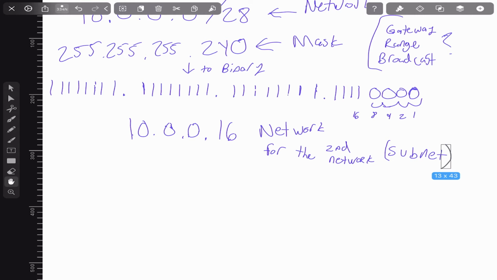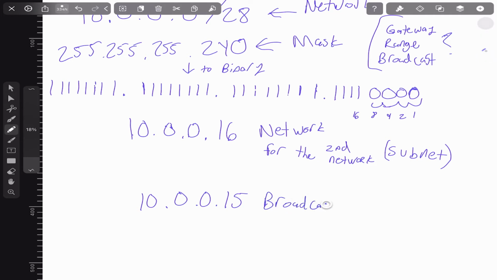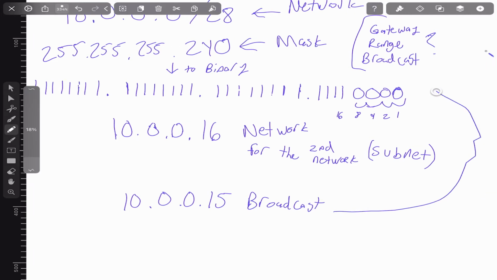So that being said, with that, I know that must mean that 10.0.0.15 is going to be the broadcast address for this first network.